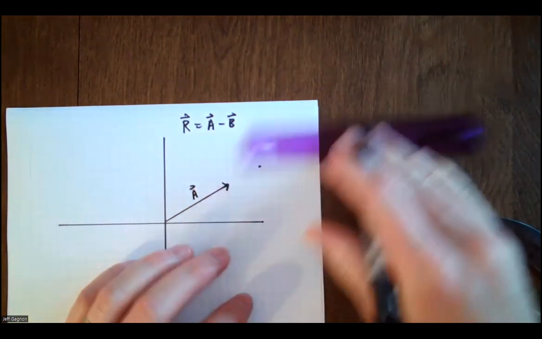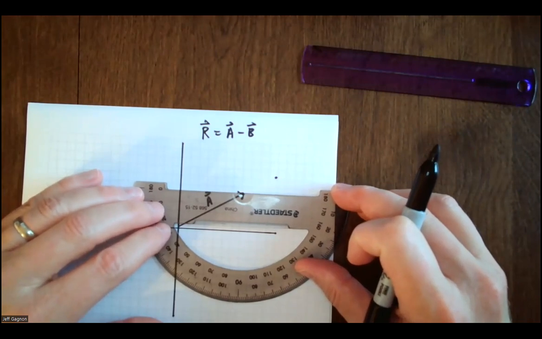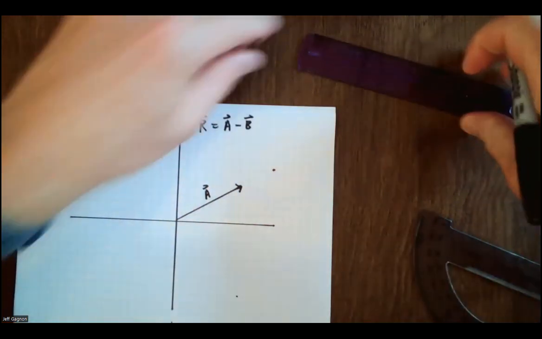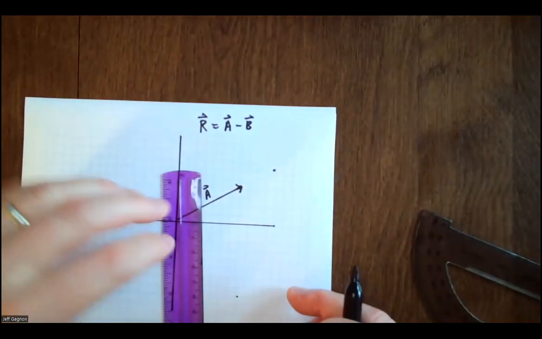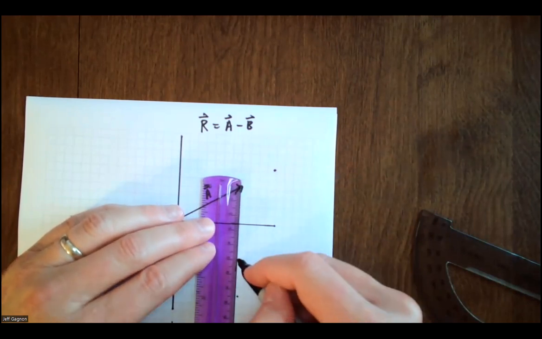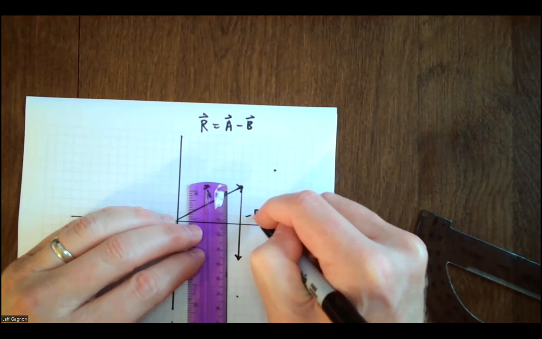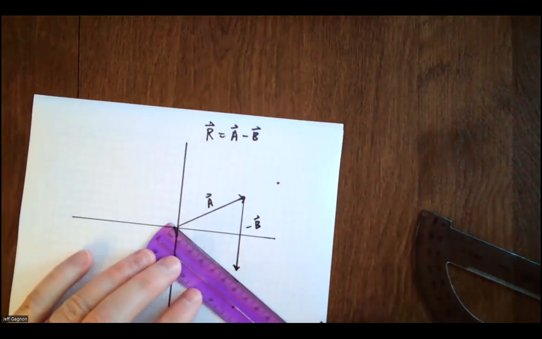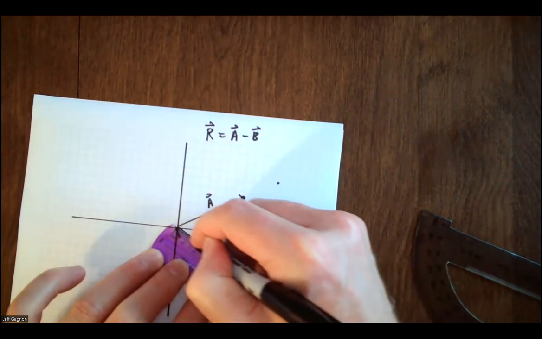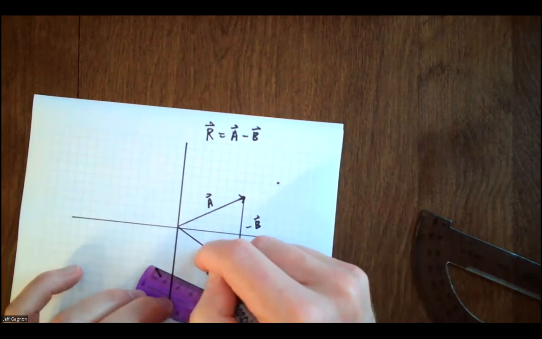This is A. And then remember, minus B is going to go straight down. If B is going straight up, minus B is going to go straight down. That's also going to be 5 centimeters. So this is minus B. And if I add them, right, if I go to the tail of A to the tip of minus B, it looks something like that. So that is A minus B.